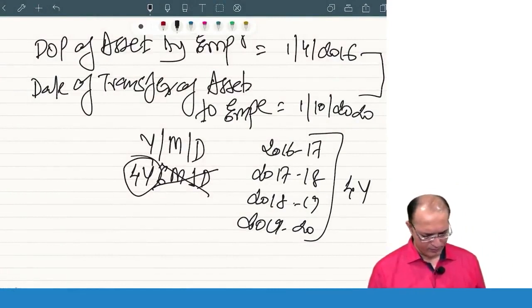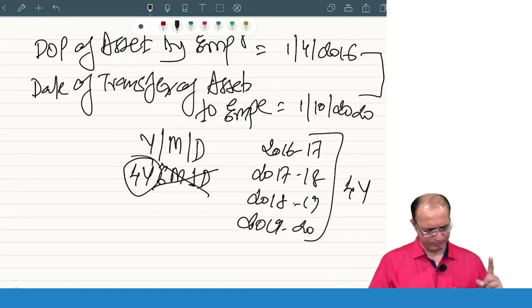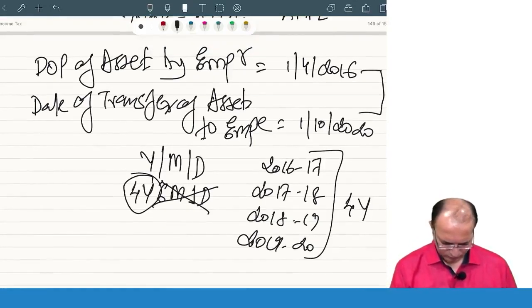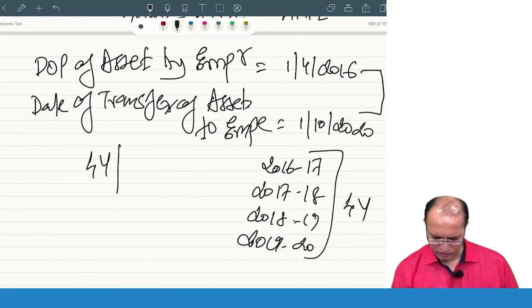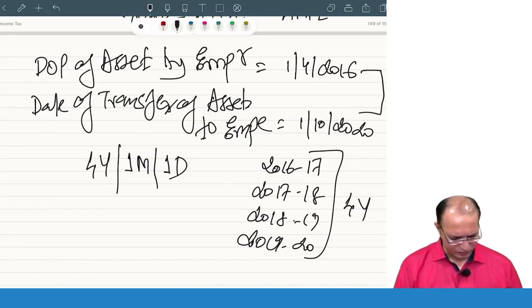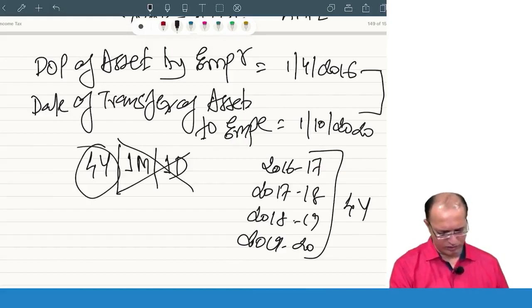So if we count the period, the actual period is 4 years, 1 month and 1 day. We are ignoring this 1 month, 1 day, and we are taking into account only 4 years.